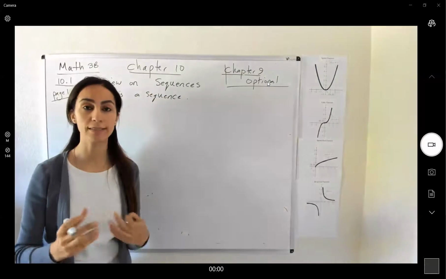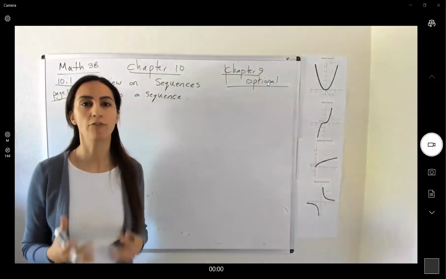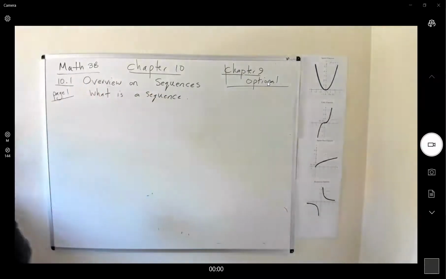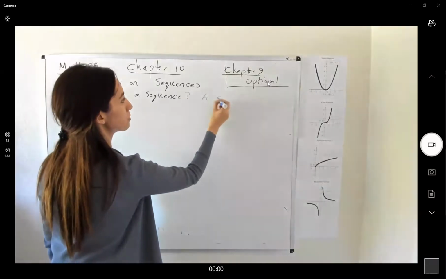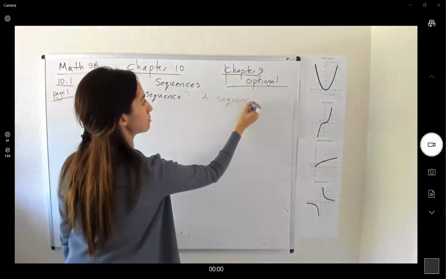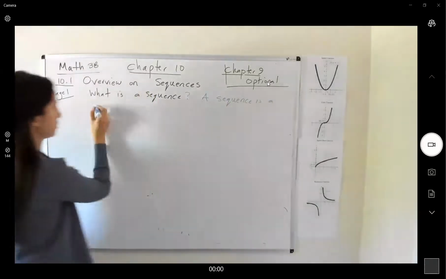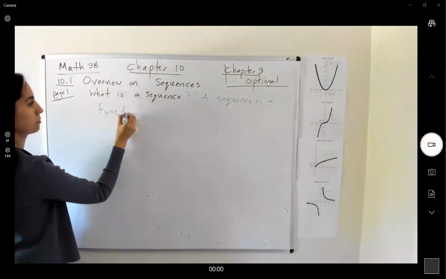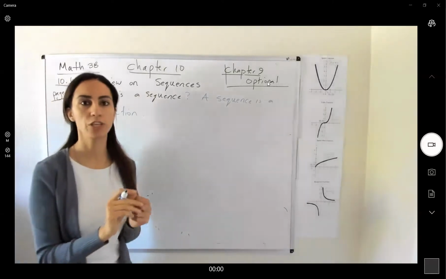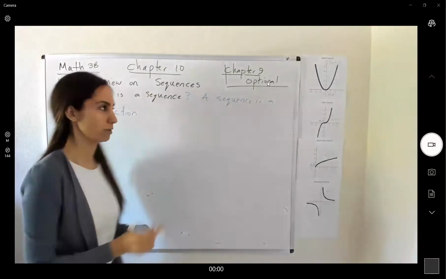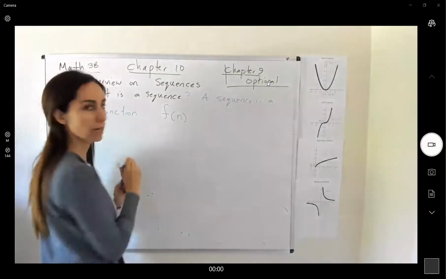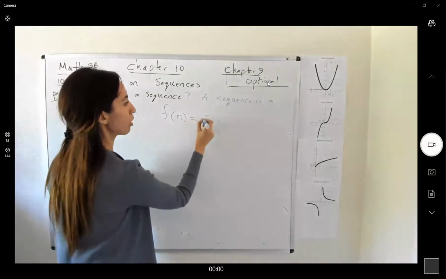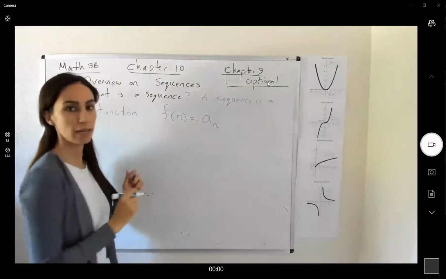Officially, we say that a sequence is a function. So function notation, f of a variable, f of variable n, which we usually denote by a sub n.